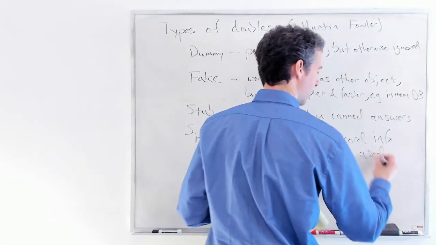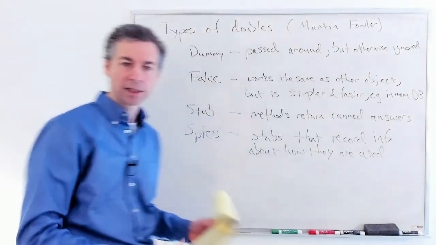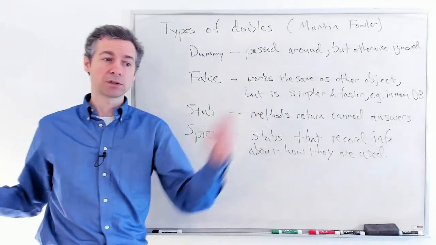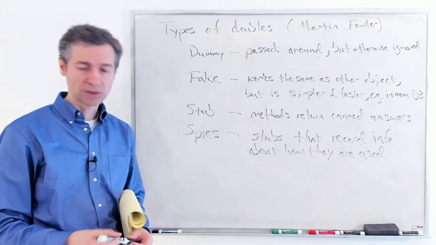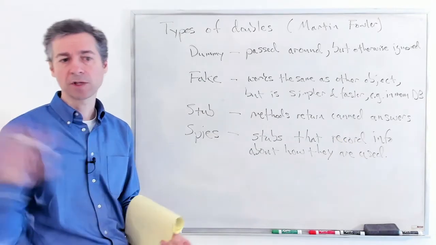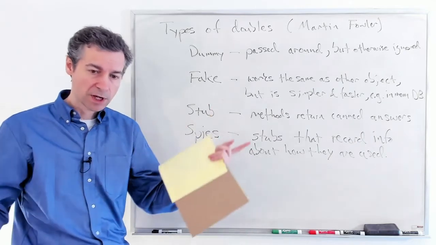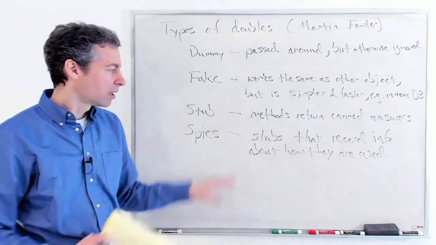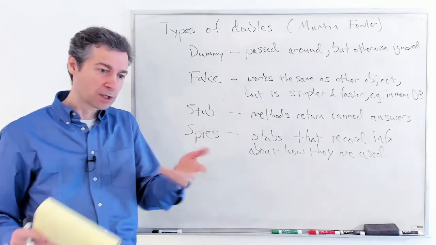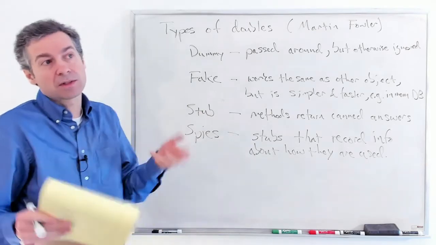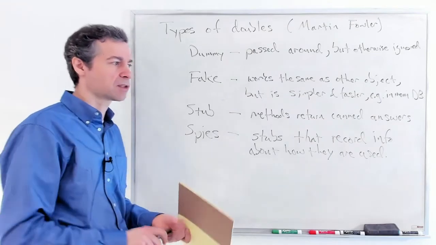So you could think of them as something that might keep a log. Oh yeah, we called temperature 10 times. Or, oh yeah, I know that you called my send email functionality 30 times, whatever it was. So the spies can keep track of how the double is being used. So it's sort of a more advanced version.